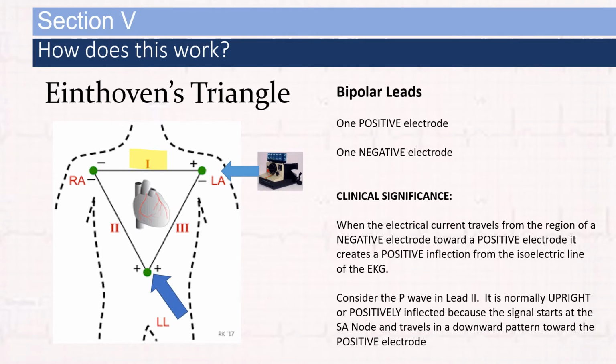Lead 2 is created by a negative up by the right shoulder and a positive down by the lower left leg. The camera, again, is at the positive electrode. Lead 3 is created with a negative up by the left shoulder and a positive down by the right leg, with the camera facing the positive. We're going to get into the significance of the camera view very shortly.